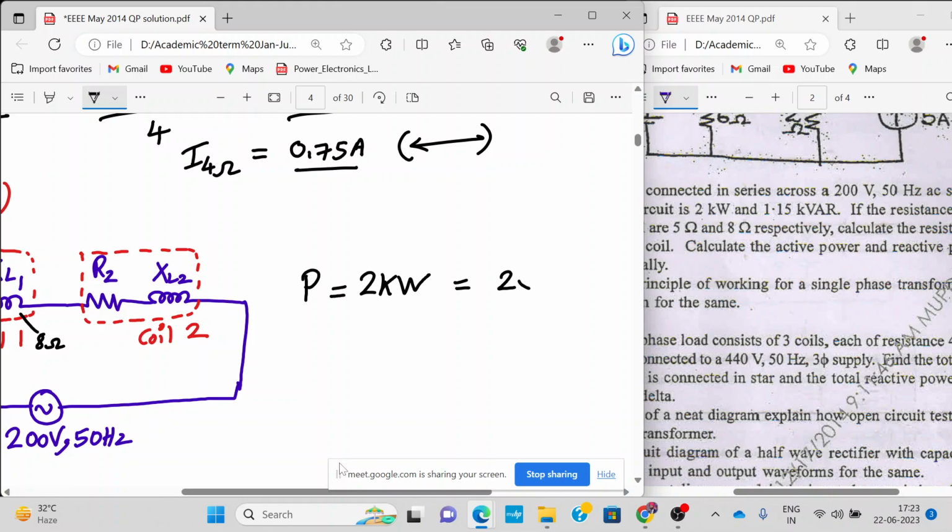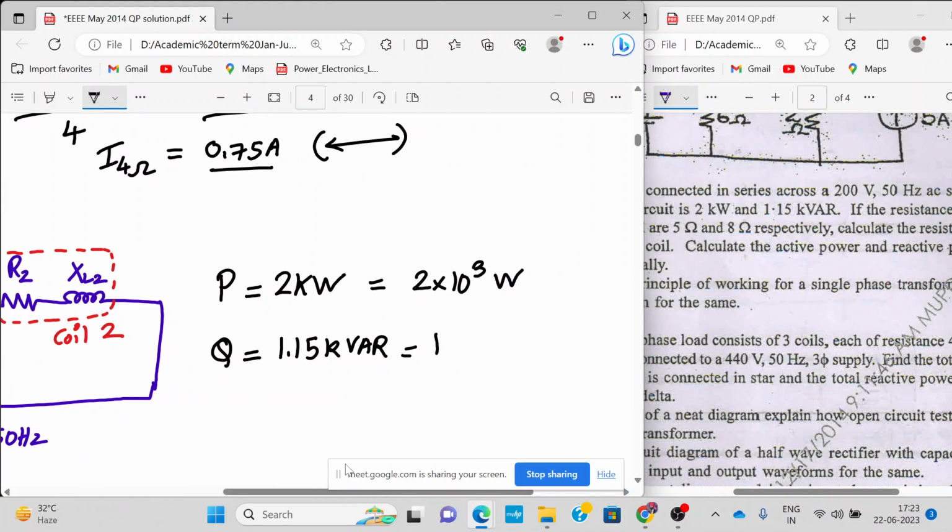That means 2 into 10 raised to 3 watts. What is 1.15 kVAR? Whose unit is VAR? Reactive power. Yes, reactive power unit is VAR, and that is written as 1.15 into 10 raised to 3 VAR.